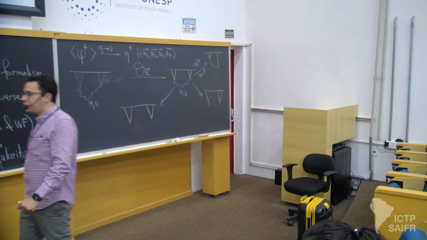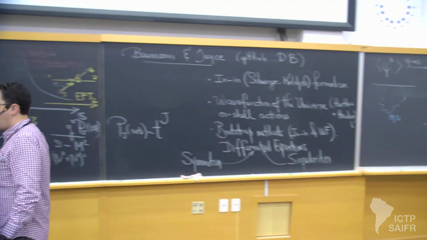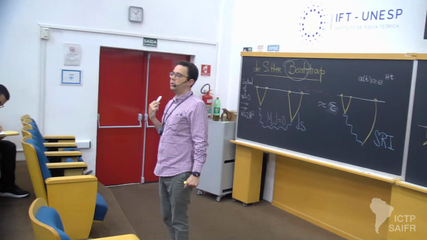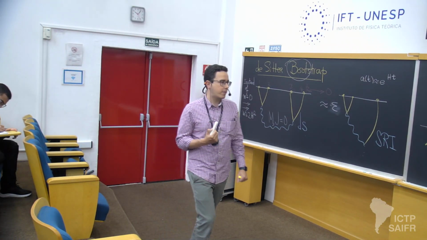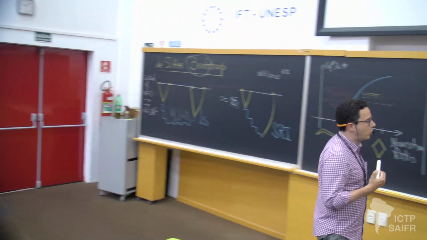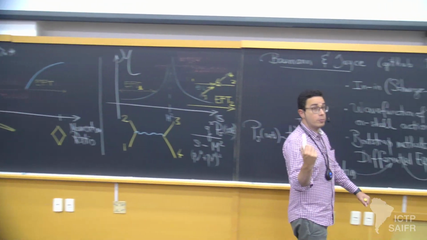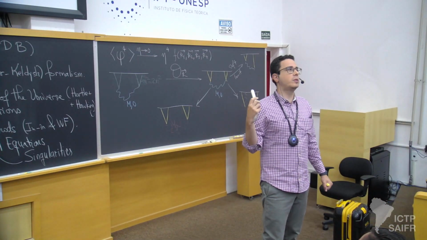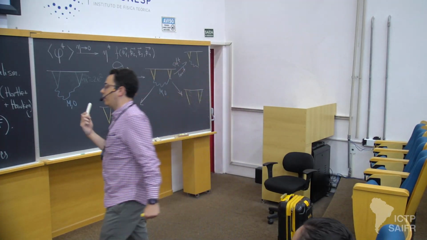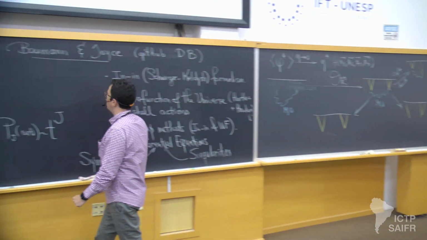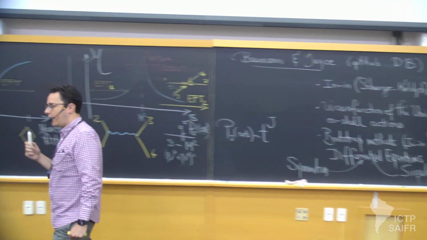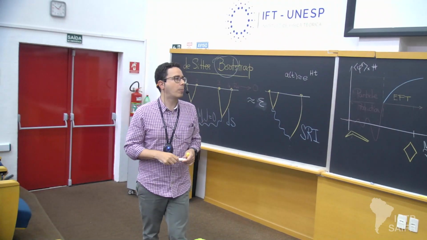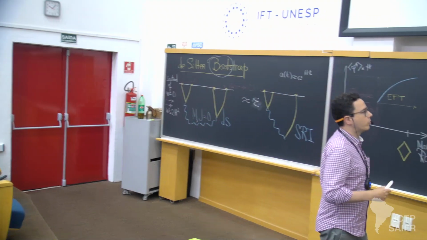So what's the idea of bootstrap? Is that maybe you're not infinitely powerful for a given theory. You can't compute all possible observables of a given theory. But maybe if you're less ambitious and you focus on a few observables, then you can say very general things about these few observables, okay? And then you can try to bootstrap them. So these other methods are all powerful and they apply to any given theory. They give you a recipe in principle to compute everything you could imagine from that theory.